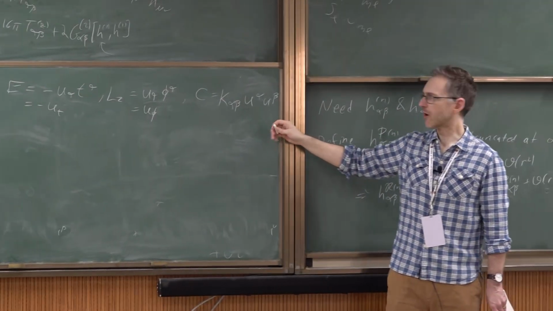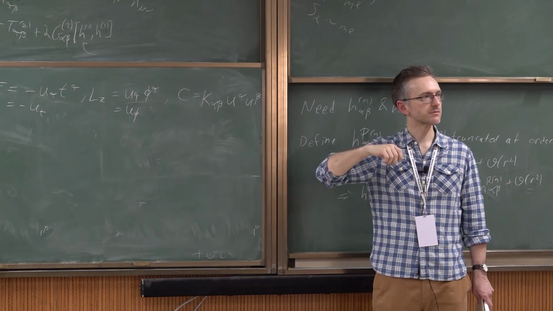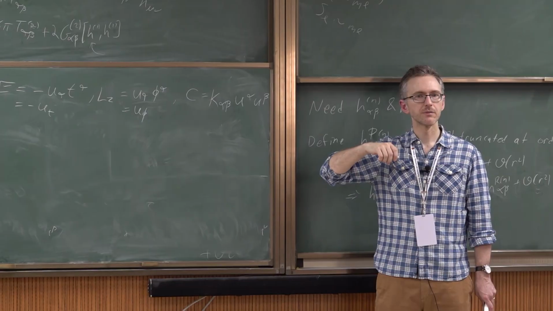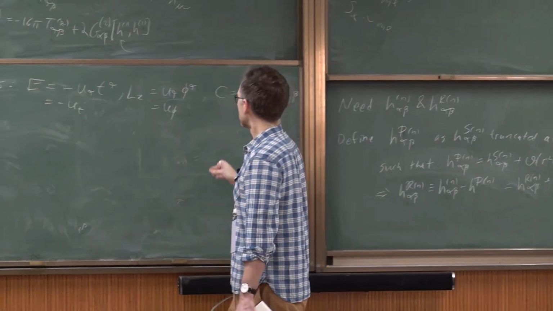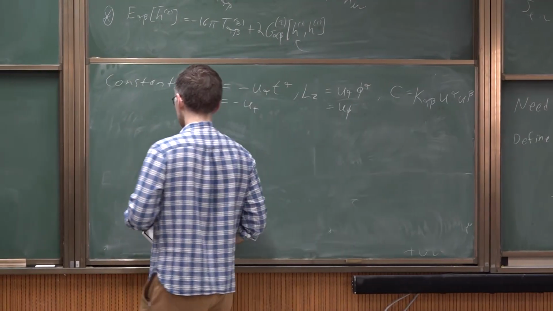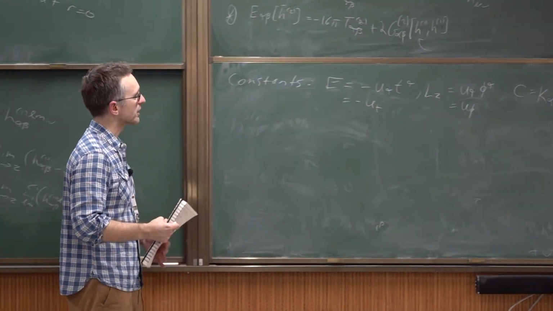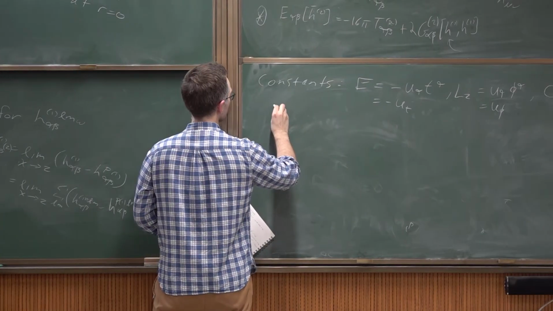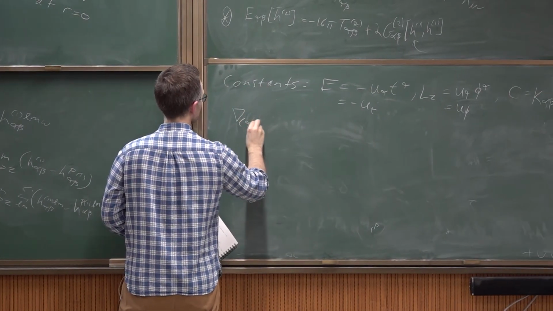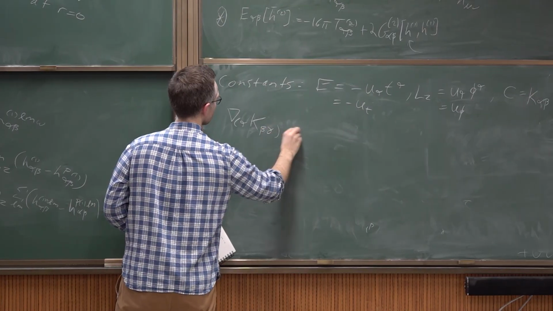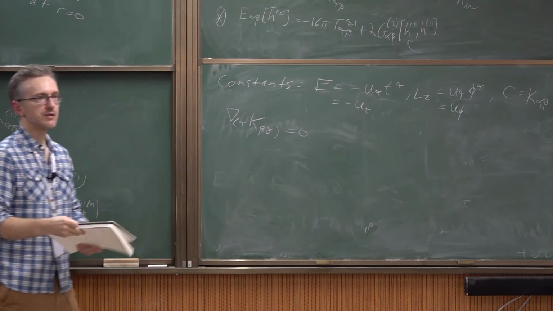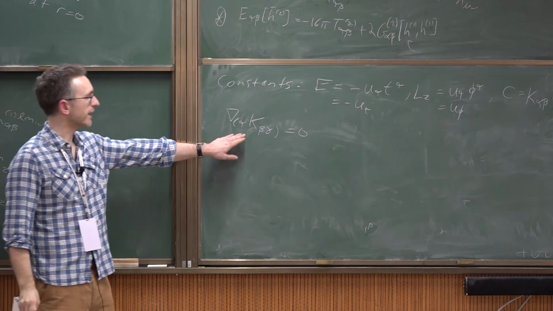How many of you have not seen killing tensors? Quite a few people, okay. Killing tensors are a bit more obscure than killing vectors, but anytime you have a killing tensor, which satisfies this equation. So this is basically just a generalization of the killing vector equation.